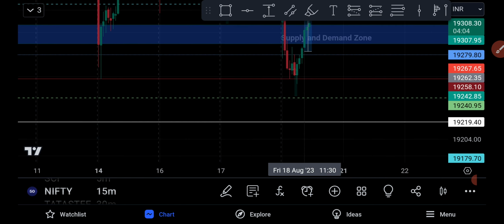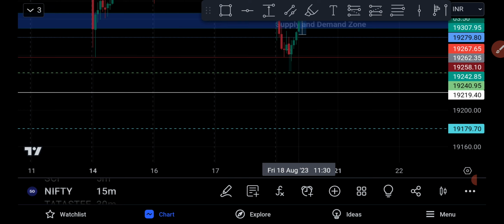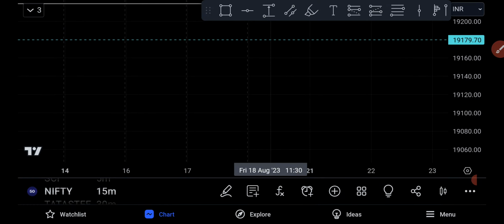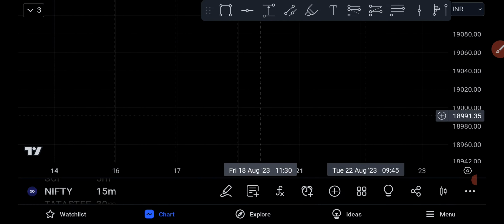Imagine that you are a seller, and you have funds of maybe 1000 to 2000 crores of rupees, and you are trading with it. So you are a seller, and you sold, betting that the market won't go below this 19,000 level.